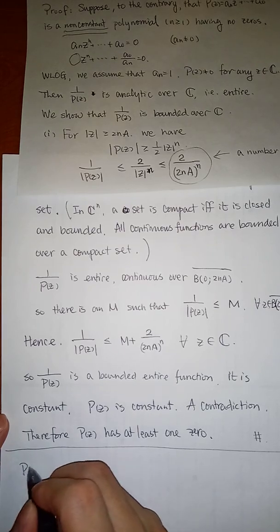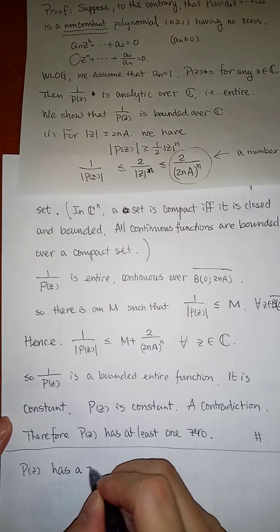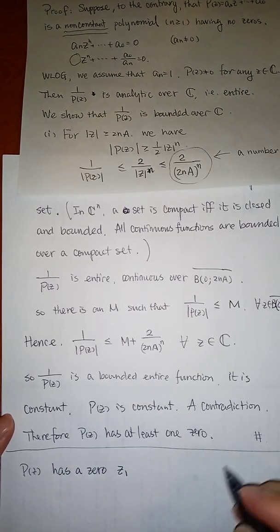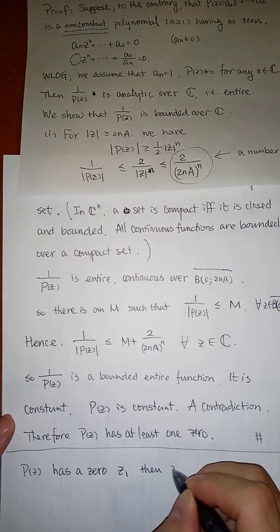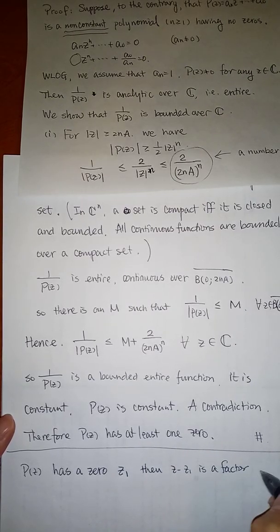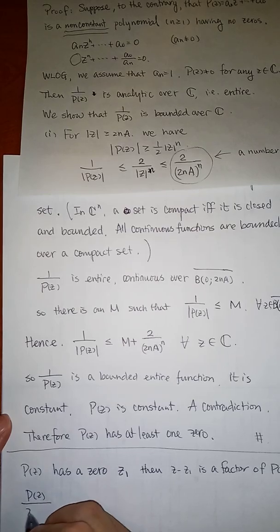So p of z has a zero, let's call it z1. Then z minus z1 is a factor of p of z. So we study p of z over z minus z1.